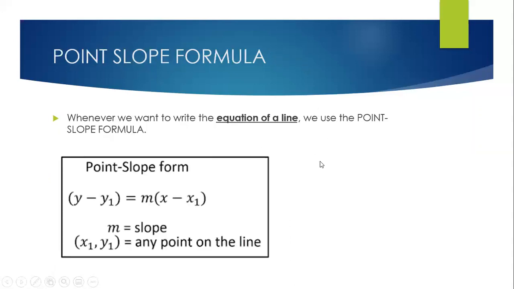All right. The main formula we're going to use to figure out the equation of a line is the point-slope formula. This is the point-slope formula here. Most of the time, those parentheses that I'm pointing out are not present in the formula.